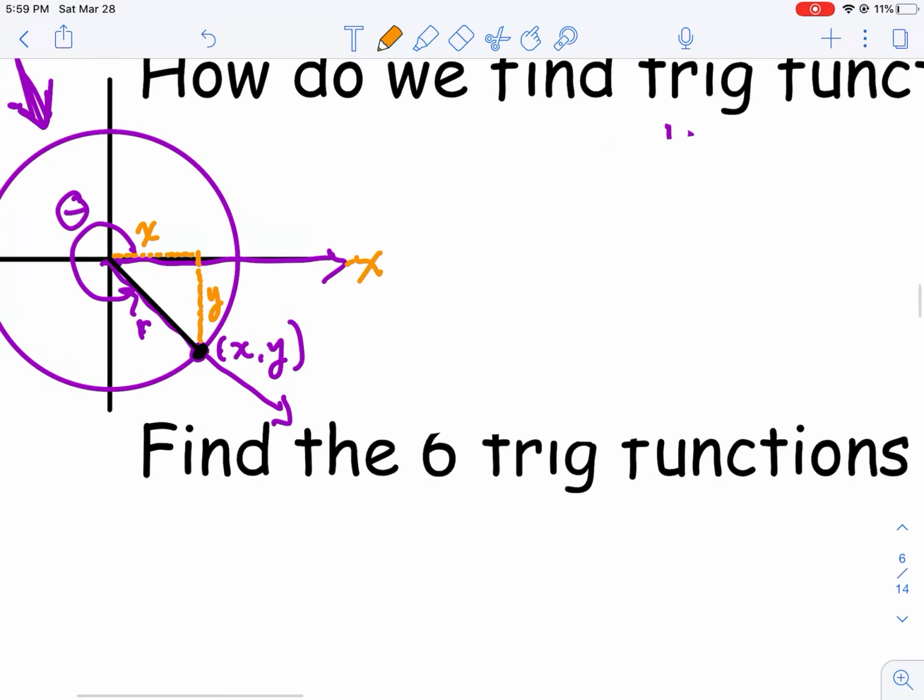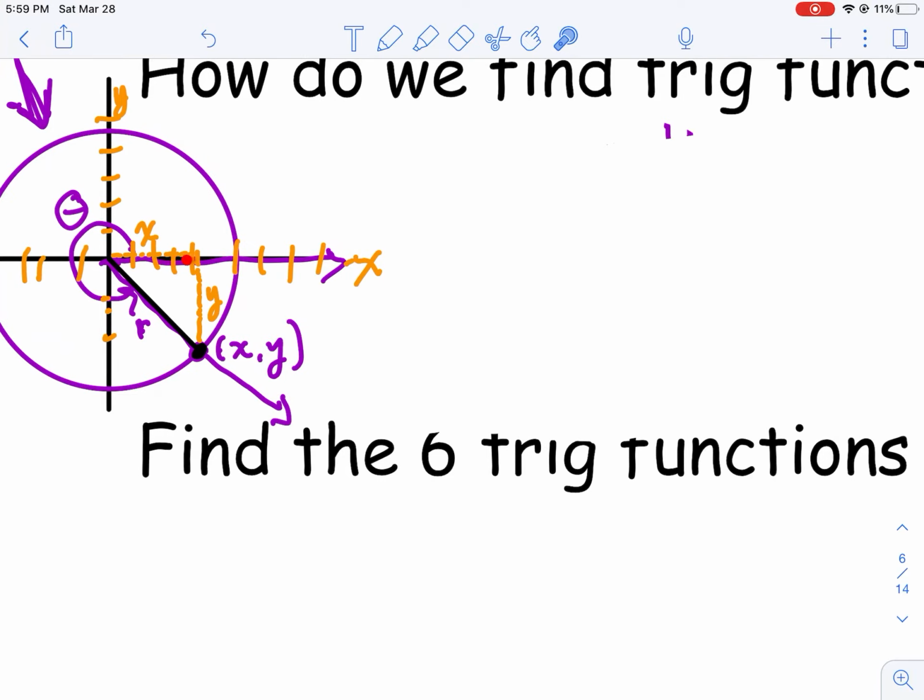Don't forget, this is an xy coordinate grid, so we could think of it as having x values and y values. This x coordinate is this distance, and this y coordinate is this y distance here.